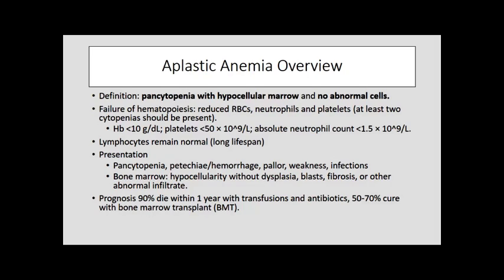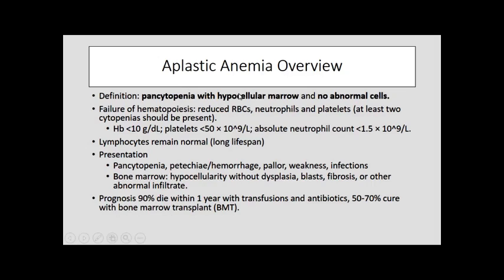The bone marrow is like empty, and there are no abnormal cells. We are not talking about any kind of infiltration by a cancer, a leukemia or a lymphoma, or anything like that. The cells, if you find them, are normal. There is simply a failure of hematopoiesis.